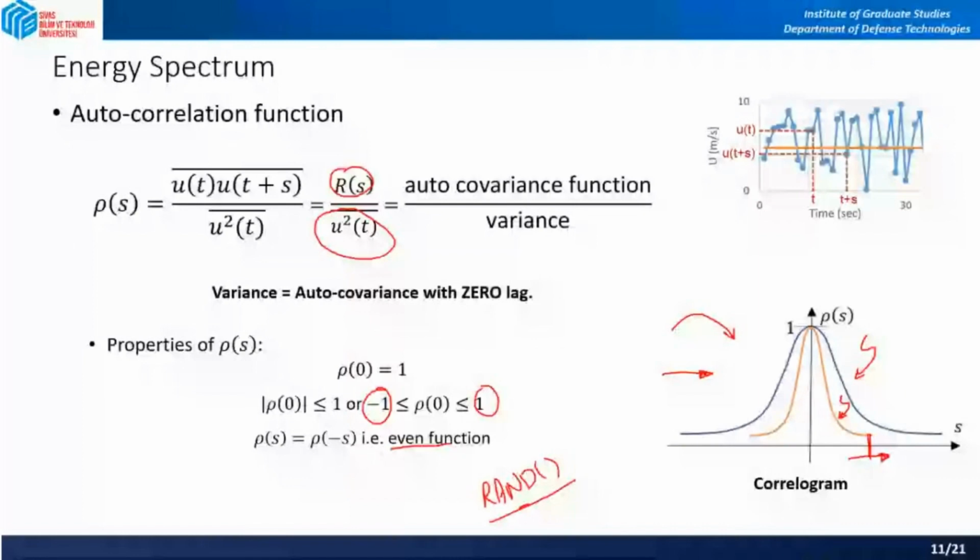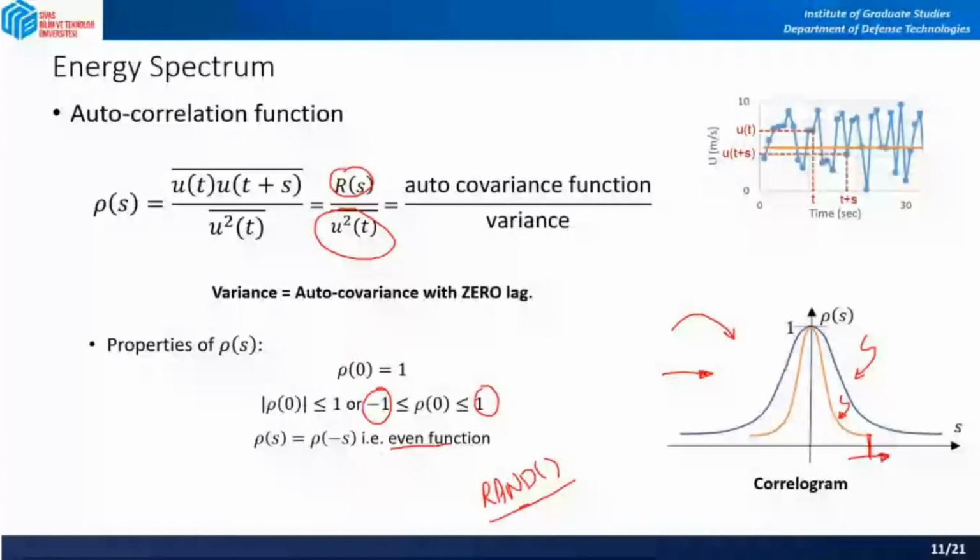We calculate the area under this rho s, or correlogram, curve, and then in a time series, tau bar, which is the integration of rho s, is called the integral time scale. This tau bar is the integral time scale of any stochastic process. Our stochastic process is turbulence, so we call it the integral time scale of turbulence.